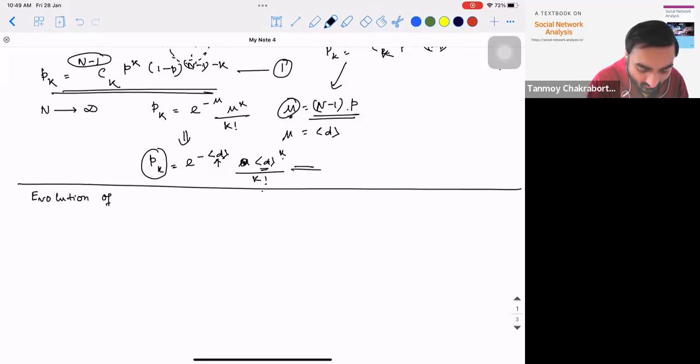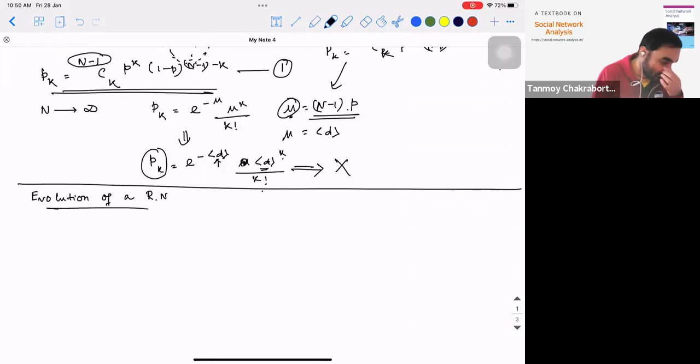What we have learned here is that the degree distribution of a random graph model is not scale free, not power law, but it is a binomial, a Poisson distribution, right? Therefore, this property doesn't hold. Okay, now let's look at other properties. Before deriving the other properties, let's look at how this random network evolves.